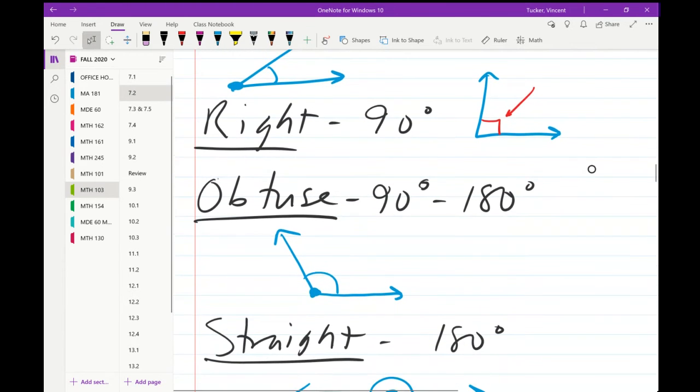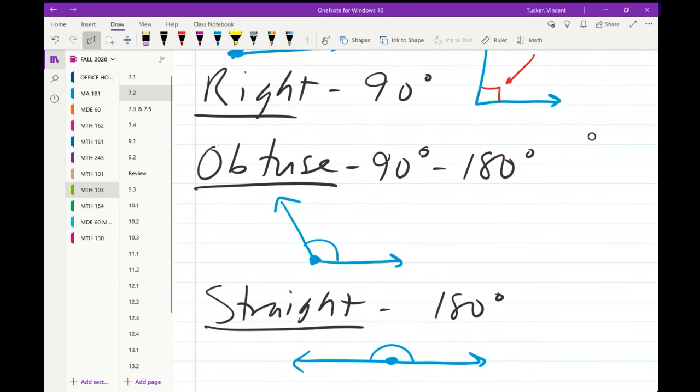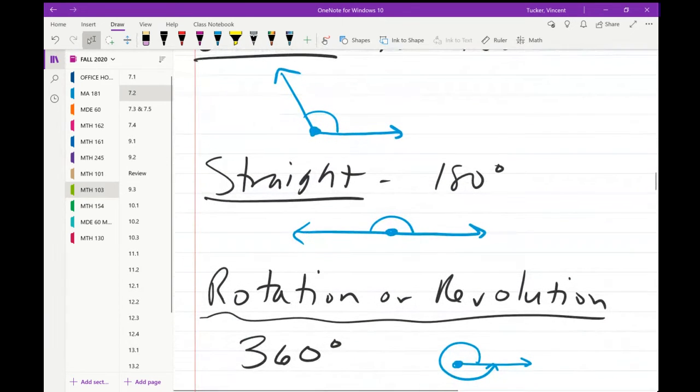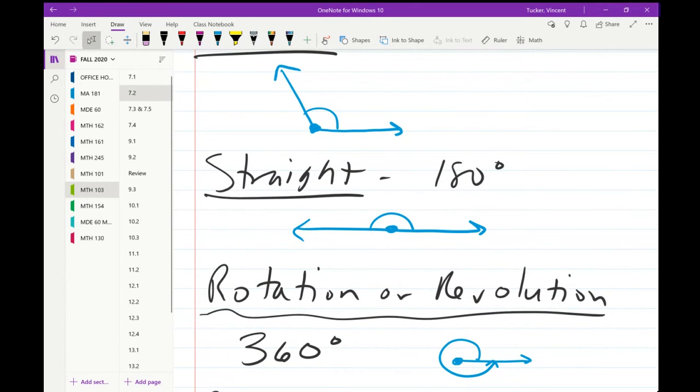Then we have a straight angle, which is 180 degrees, basically a straight line. A full rotation or revolution is 360 degrees.